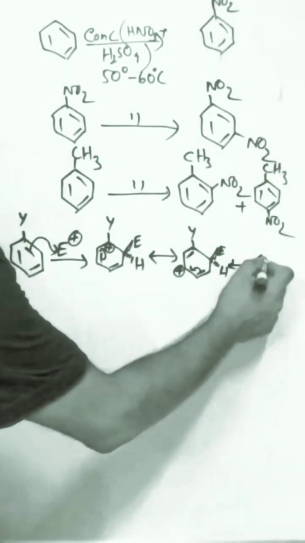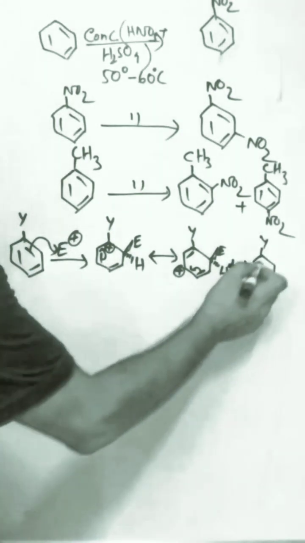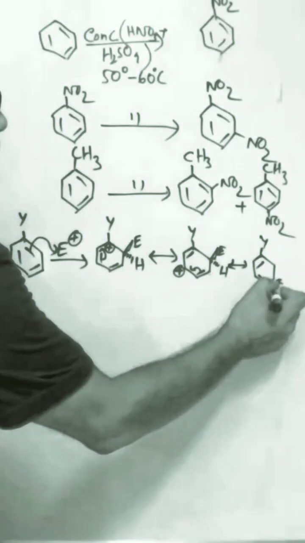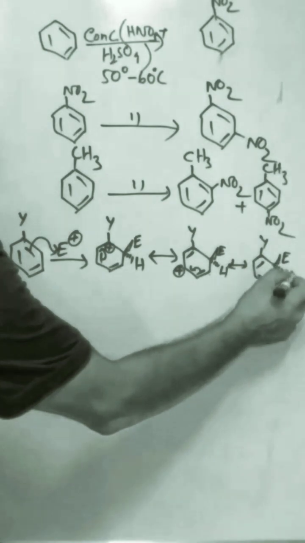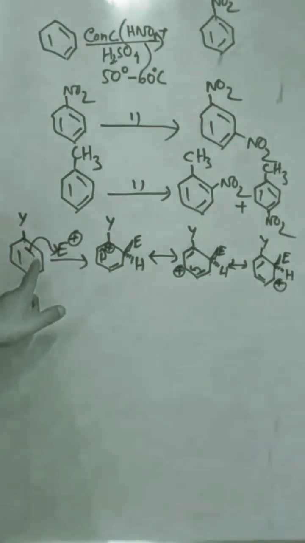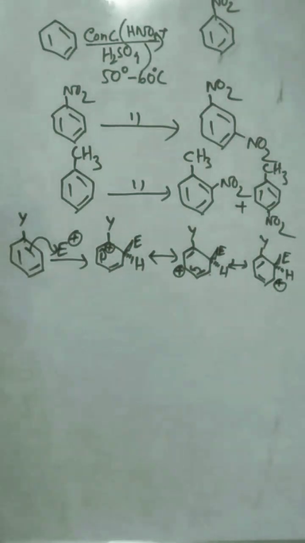So another resonating structure is, the double bond comes here, and the positive charge shifts to this carbon. So these are the resonating structures if the electrophile comes in ortho position with respect to the substituent already present. Okay, now let us see what happens if this electrophile comes in meta position.